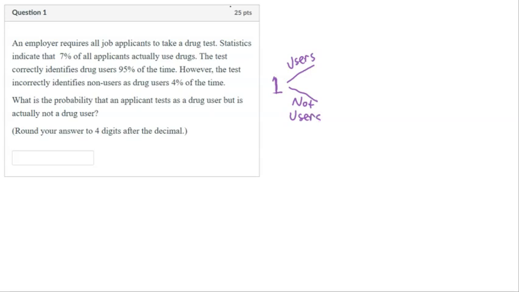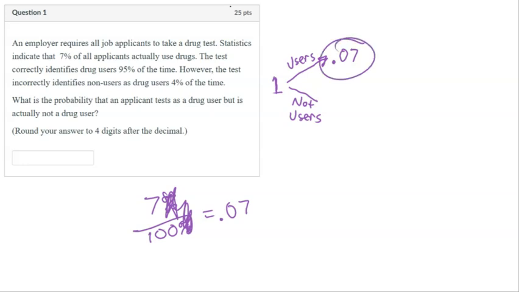Now it says that 7% of all applicants actually use drugs. We turn the 7% into a probability or a proportion, 0.07. The way we turn a percentage into a probability is we divide by 100. So we take the 7%, divide by 100%, it cancels the percents, and 7 divided by 100 is 0.07, and that's why we put a 0.07 here.